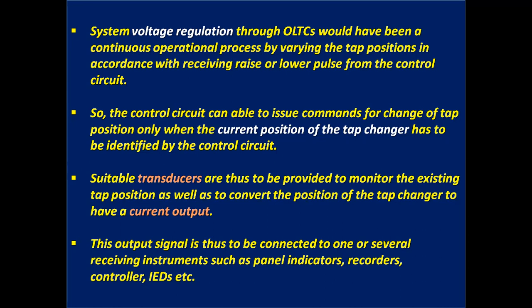So, the control circuit can issue commands for change of tap position only when the current position of the tap changer has been identified by the control circuit. Suitable transducers are thus to be provided to monitor the existing tap position as well as to convert the position of the tap changer to a current output.